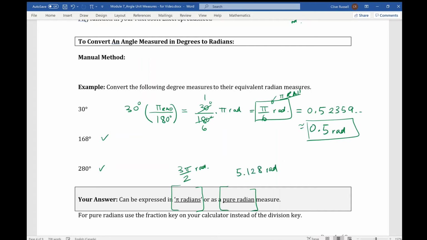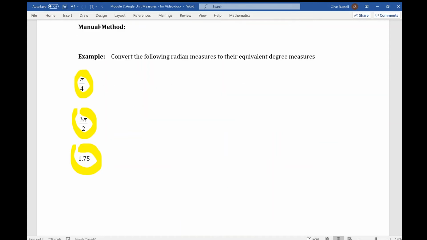I'm emphasizing this because I gave you the wrong information earlier on, so that it should be very clear. So again, pi radians is when you have the pi in it, and pure radians is when you have your decimals.